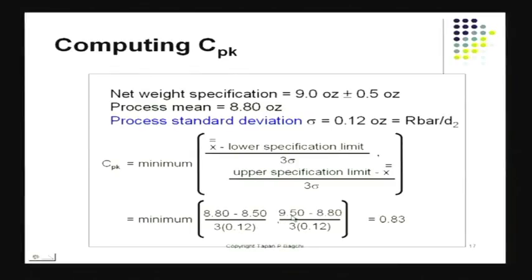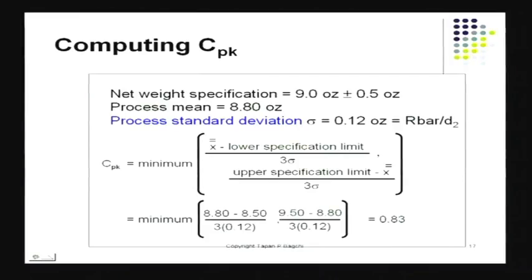The other is 9.5, which is actually the upper specification limit, minus X double bar, which is 8.80, divided by again 3 times sigma. The lower of these two is 0.83, and this is definitely less than 1, which indicates to me that part of this tail of production is perhaps beyond one of the specification limits, and that's bad news. That means this process again is not capable.